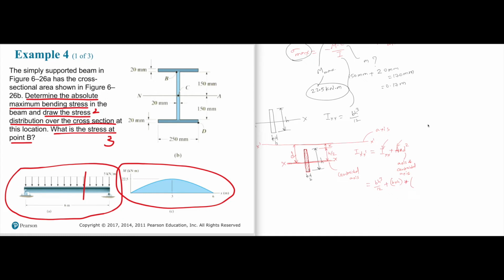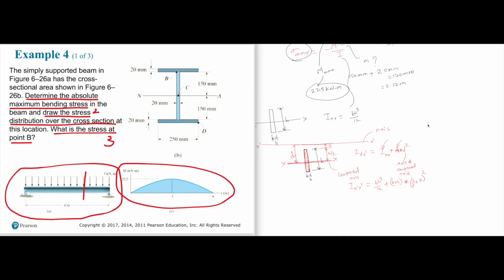So what is the distance? Isn't it h over 2 plus x, square? Because this is the square of the distance between the two axes. So this is the moment of inertia with respect to x dash x dash. We need this concept. Make sure you understand this concept.